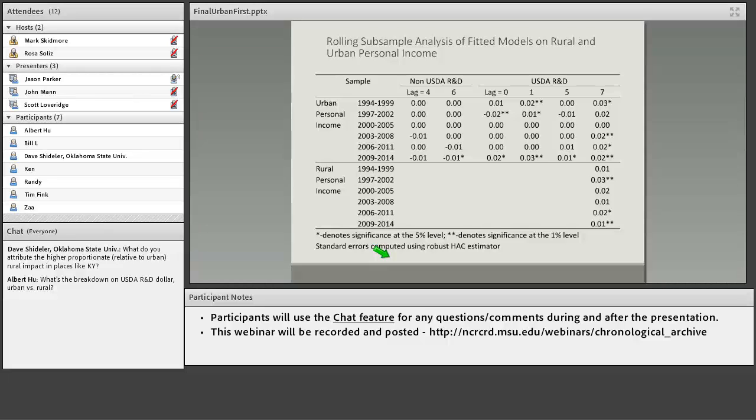So using those models, we were able to look for significant differences, significant coefficients. To do this, we split our sample into a bunch of different rolling subsamples.